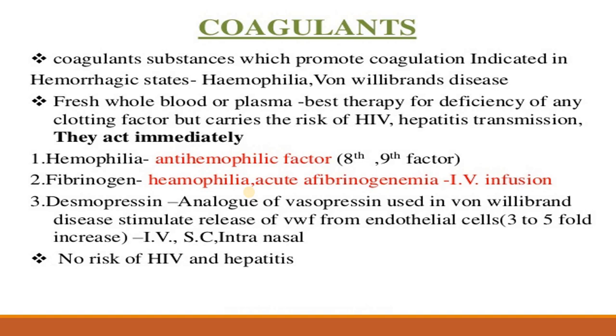They act immediately. In hemophilia, anti-hemophilic factors 8 and 9. Fibrinogen: first, hemophilia, acute afibrinogenemia, IV infusion we should provide to the patient. And desmopressin, an analogue of vasopressin, is used in von Willebrand disease.